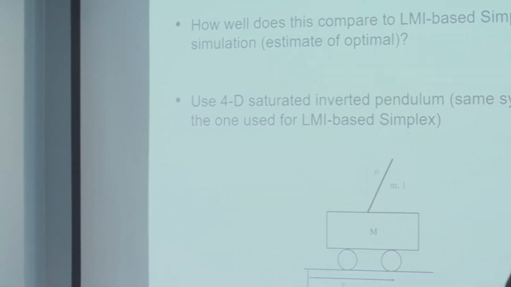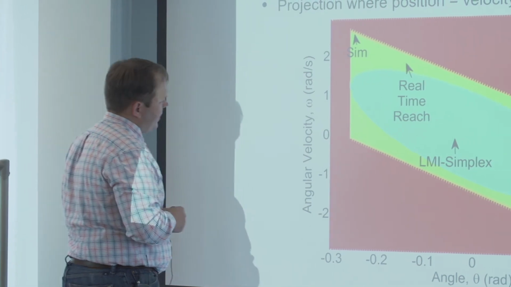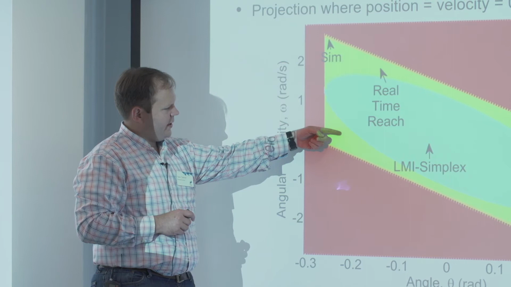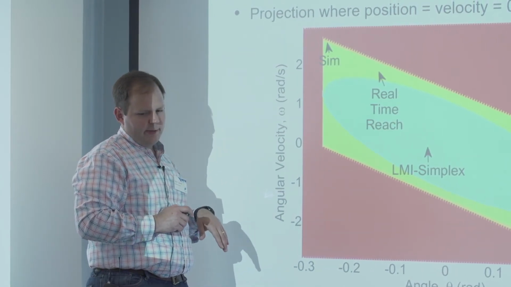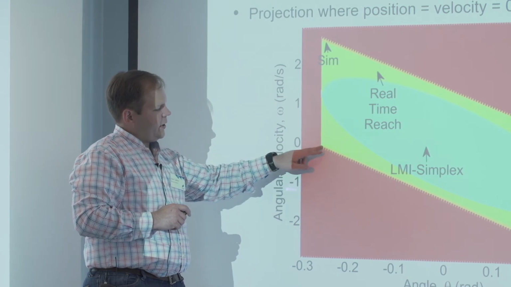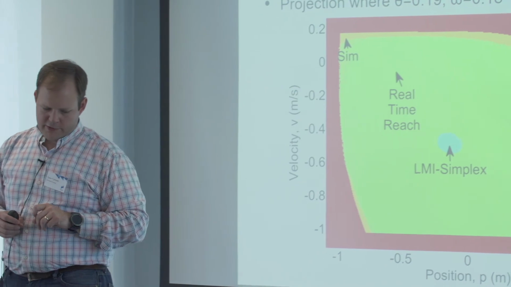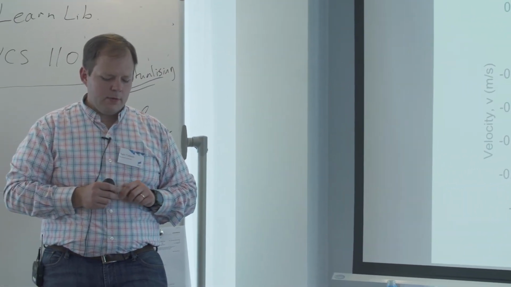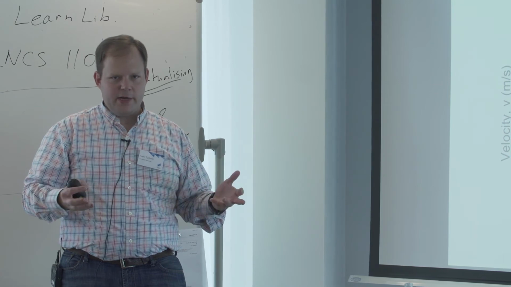So how does this compare in this type of system, which previously had been designed using LMI-based Simplex? This is a plot I showed earlier. These green states now, we'd be able to use the complex controller safely. It's not quite optimal, but pretty good. That case is not so extreme, but this picture illustrates better the problem raised of trying to fit an ellipsoid into a box in high dimensions.